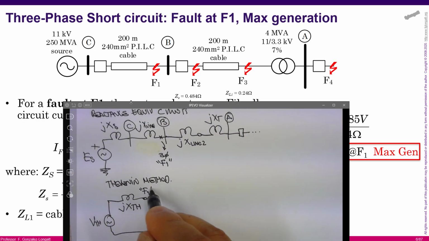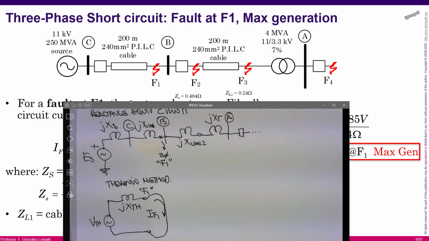This is F1. And here we have the fault current. In the Thevenin method, the whole problem is calculating the Thevenin voltage and calculating the Thevenin reactance in this case.